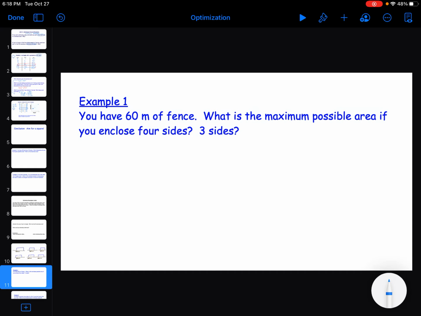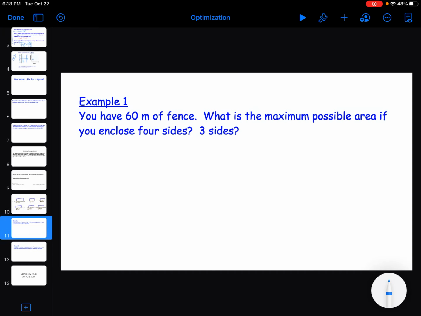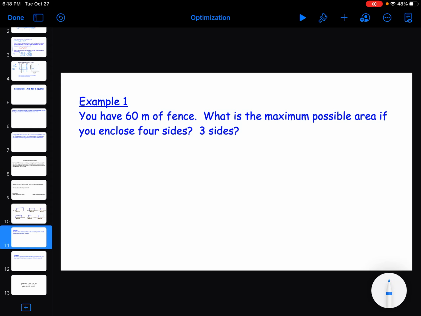So if we looked at this next example, we've got 60 meters of fencing. What is the maximum possible area if you enclose 4 sides or 3 sides? Well, for 4 sides, if we've got 60 meters of fencing, that means we have to find the side length. 60 meters of fencing is telling us the perimeter. That's 60 meters.